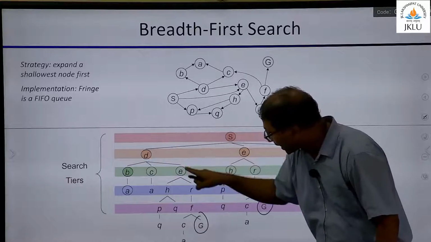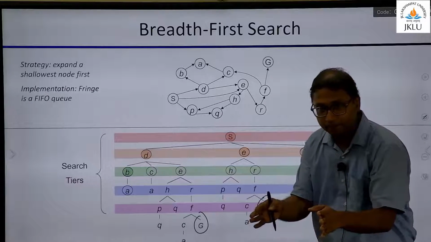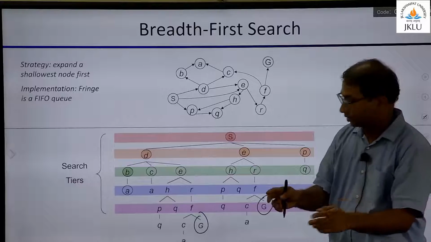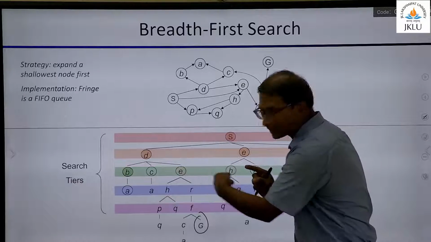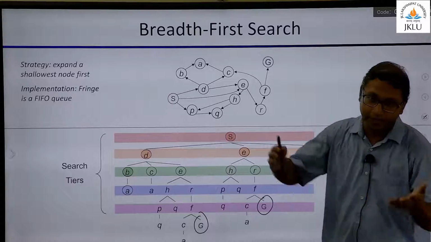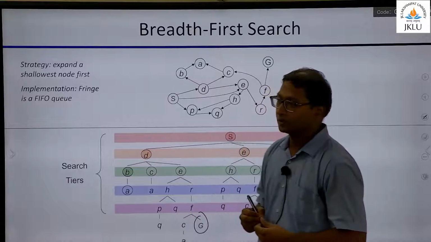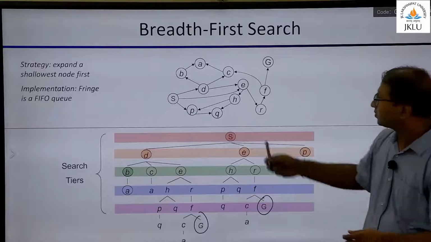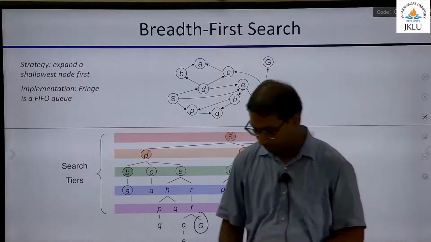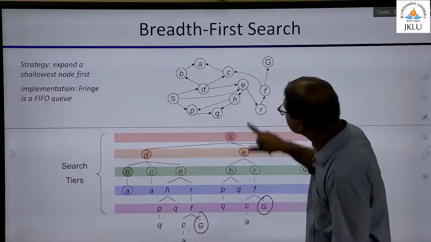So this path will be different and this path will be different. So E, even though it is the same, is at the second level here and the third level here. So this gives me a different path, and for my purpose right now they are different. Does this make sense that we will go to this G first?